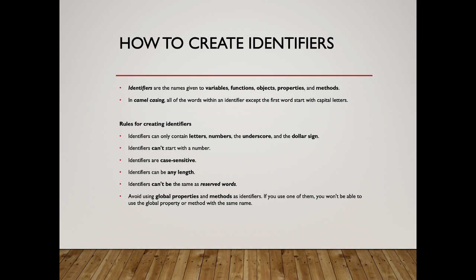Identifiers can't be the same as reserved keywords, which I will be going over in a couple slides. And you should also avoid using global properties and methods as identifiers, as if you use them, you won't be able to use the global property or method with the same name.